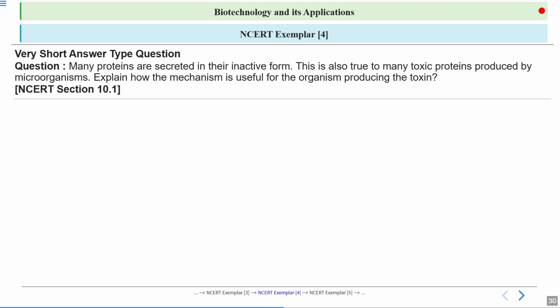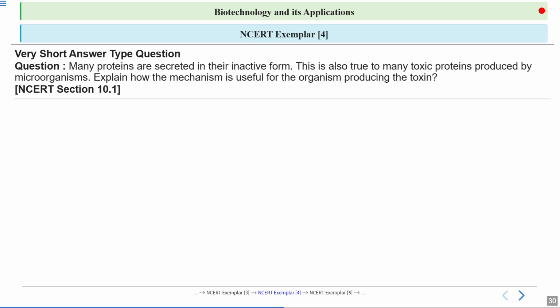So this question is asking about the many proteins which are secreted in their inactive form. One example we have seen is the Bt toxin.